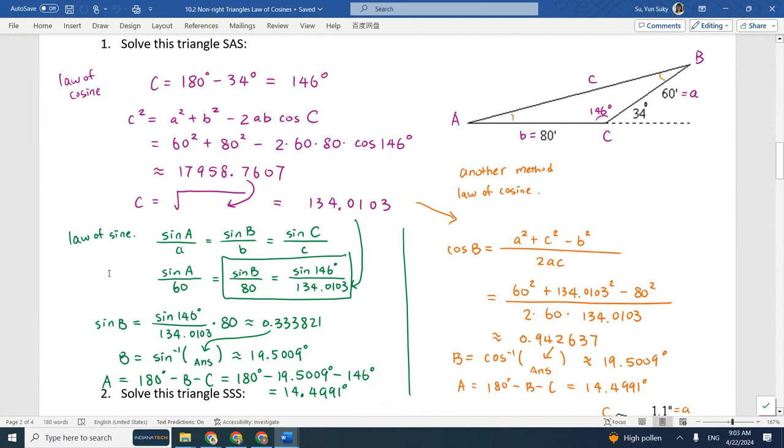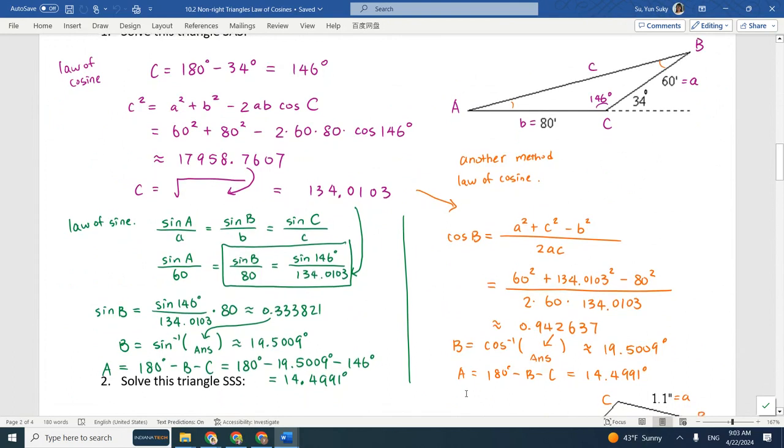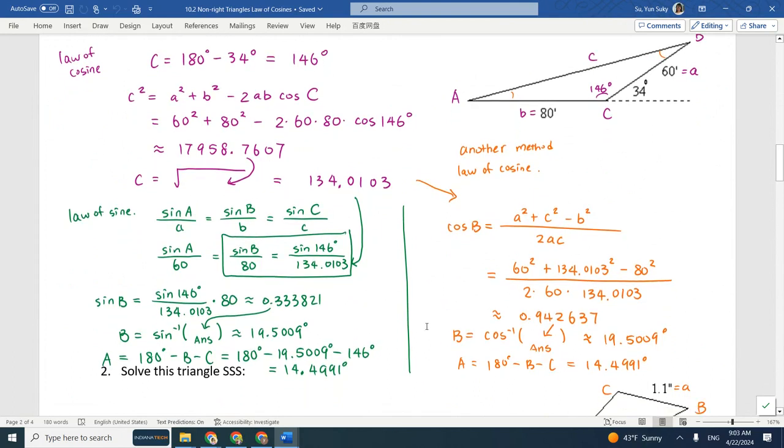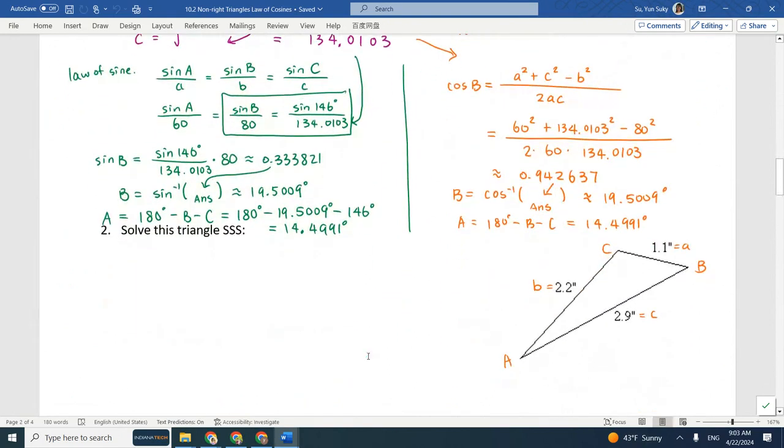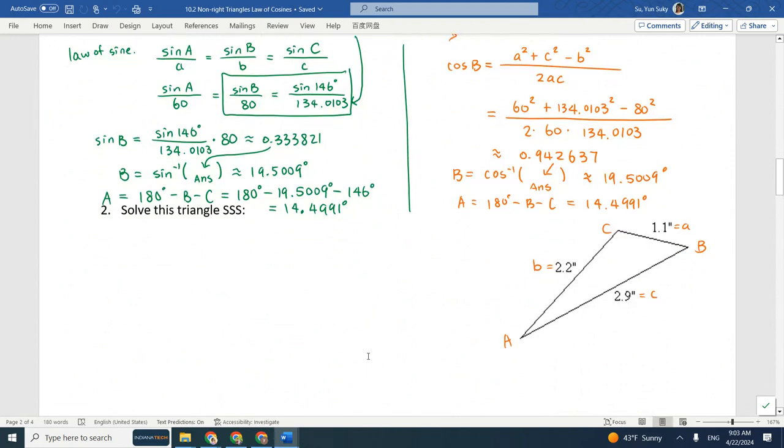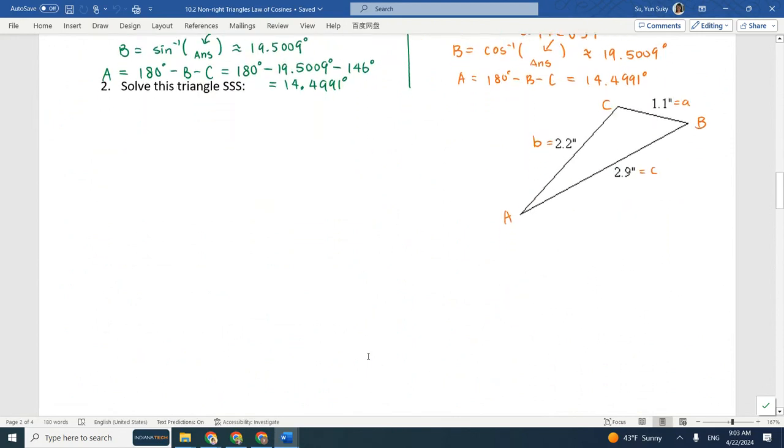Then you can either use law of sine to find one more angle, or you can use law of cosine to find one more angle. Then the remaining angle is 180 minus those 2 angles. No matter which method you use, you have the same answer. So in the exam, it's up to you which method you think is easier, then use it. Whichever one we remember. Hope you can remember that.